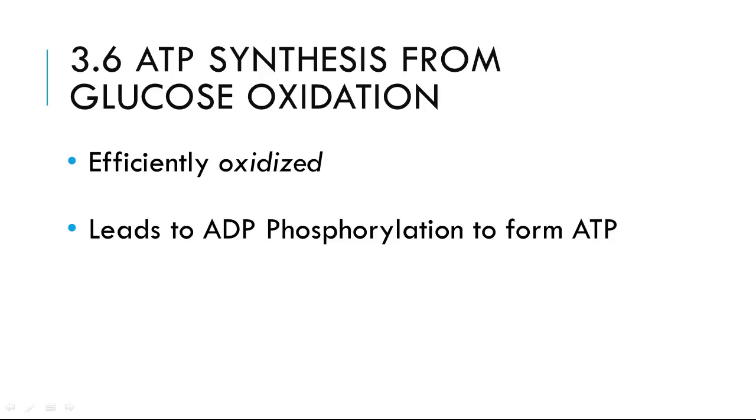Are we 100% efficient in everything we do? No. But it works for us. Our species has prevailed for a while using these pathways, so it's as efficient as works for us. At the very end, we're going to form ATP following the electron transport chain, a lot more than what we saw in the glycolytic pathway and in the Krebs cycle.